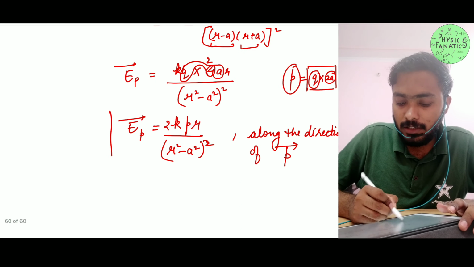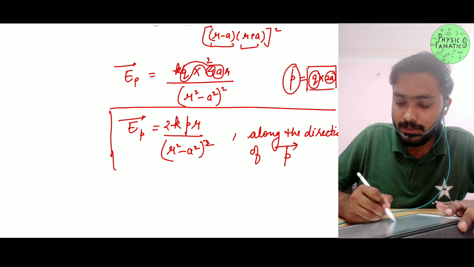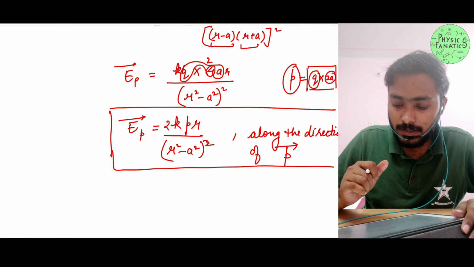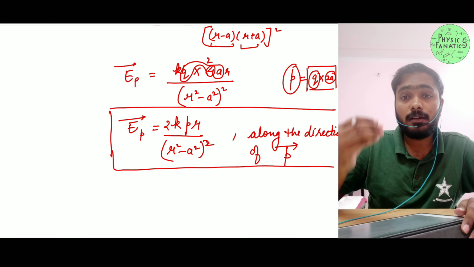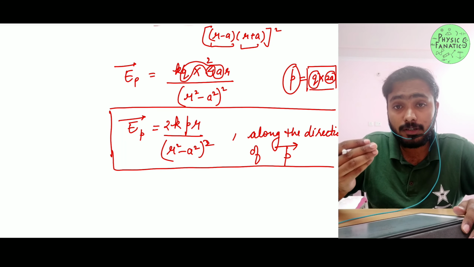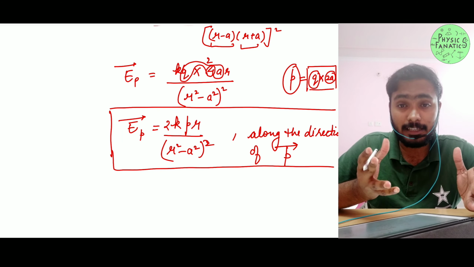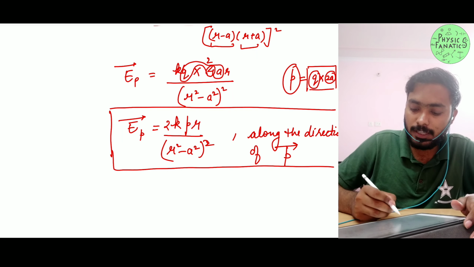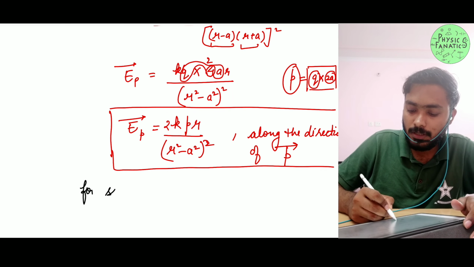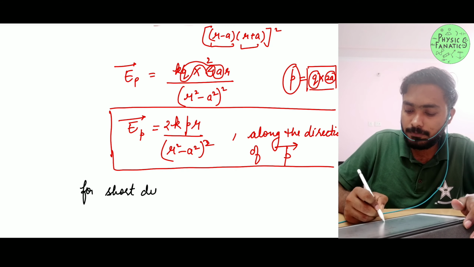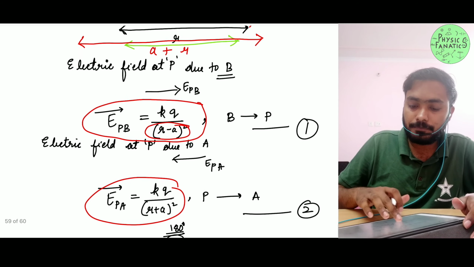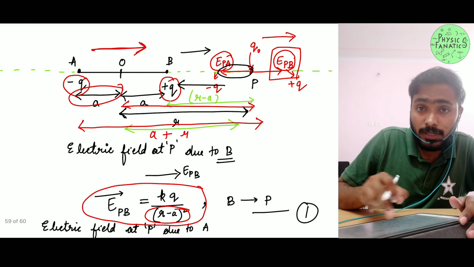So I got the value of the electric field on the axis of a dipole, but let's say the dipole was a short dipole, or an ideal dipole. Now what do we mean by a short dipole? You have to look at the diagram here.